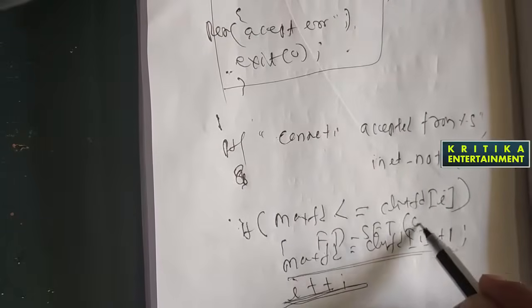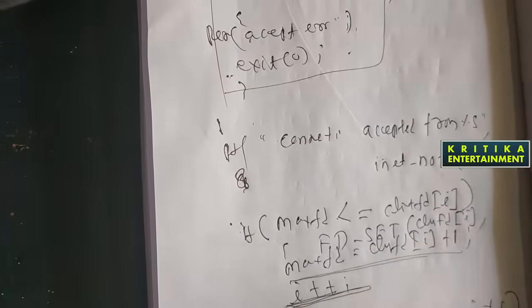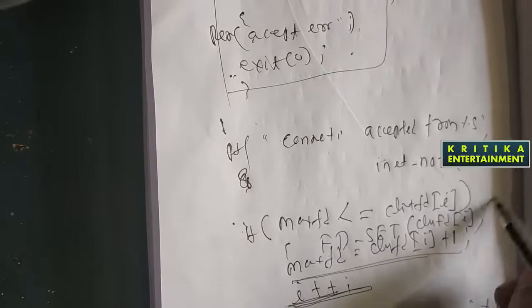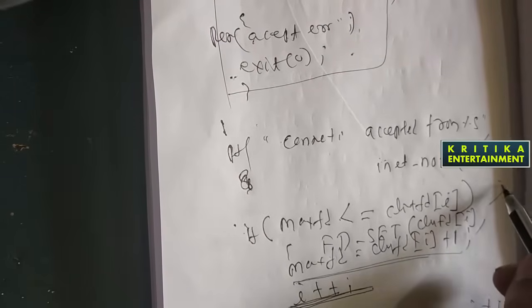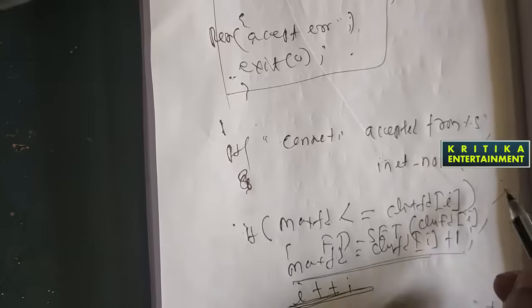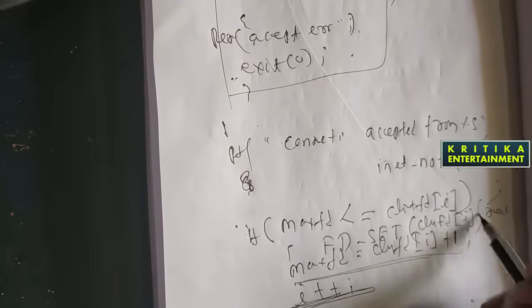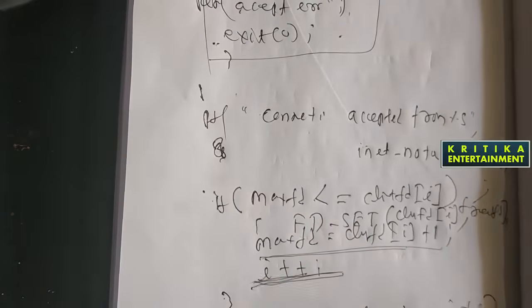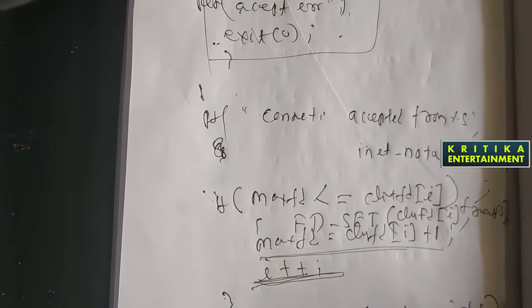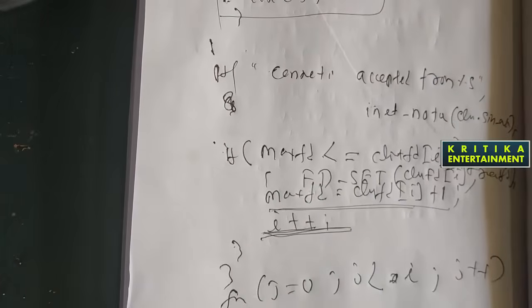What to write here? Now client FD[i], comma, which FD will we write, read FD or copy FD? Read FD is my primary, so it should be added to read FD, not copy FD. So we will write ampersand read FD.